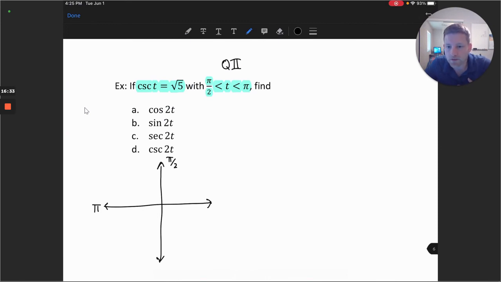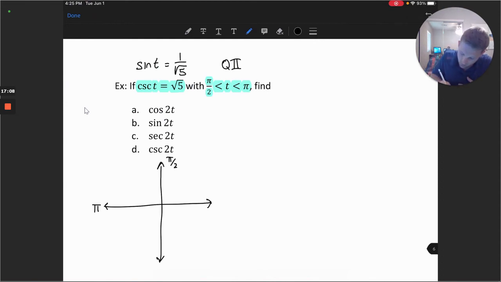If I have a cosecant of t equal to the root of 5, that would mean that my reciprocal function, which happens to be sine of t, is equal to 1 over the root of 5. That's a nice bridge to make here, because we know a lot more about the sine function than we do about the cosecant, at least when we go to graph this. So the sine of t we know is 1 over the square root of 5.